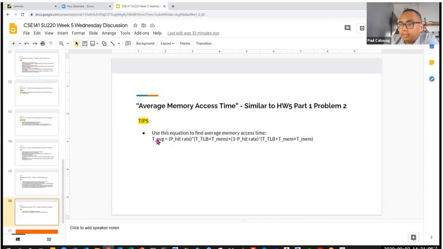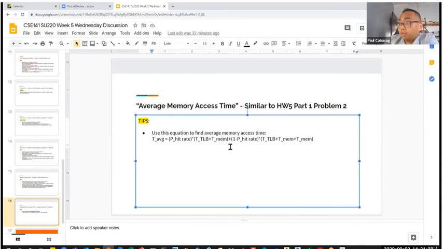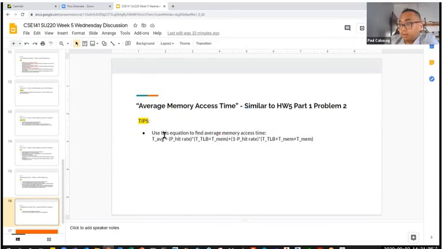You find this T average: it gives you a percentage hit rate, and then you multiply that by the time of the memory plus the TLB, and then you add that to 1 minus the hit rate that you are given, and then you just add these values. So I'm hoping this equation will give you the right answer, but you guys can add to this.